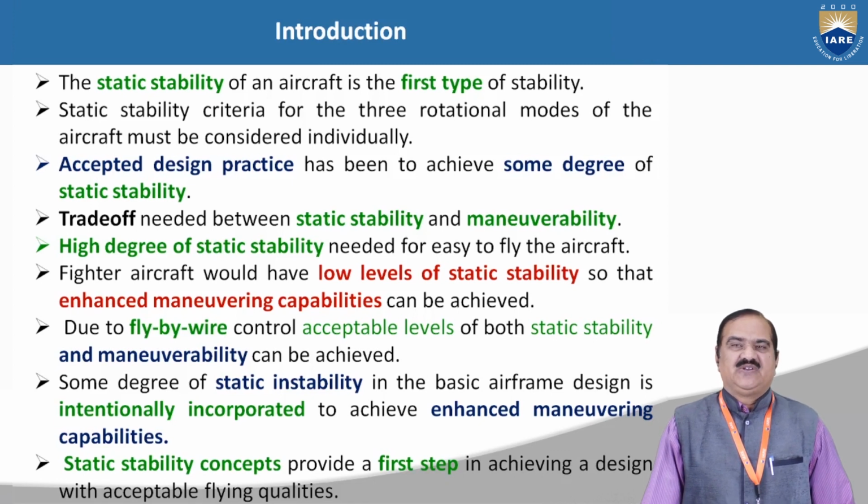But nowadays, due to the advent of fly-by-wire control systems, an acceptable level of both static stability and maneuverability can be achieved with the help of computers and autopilots. Some degree of instability in the basic airframe design is intentionally incorporated to achieve enhanced maneuvering capability.